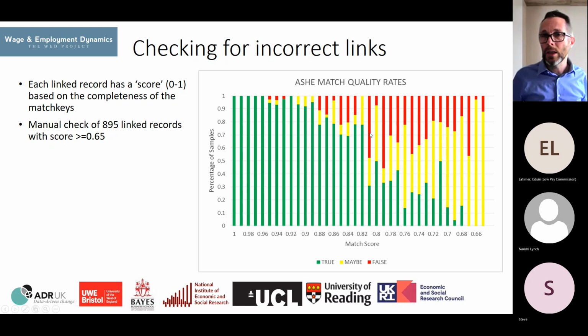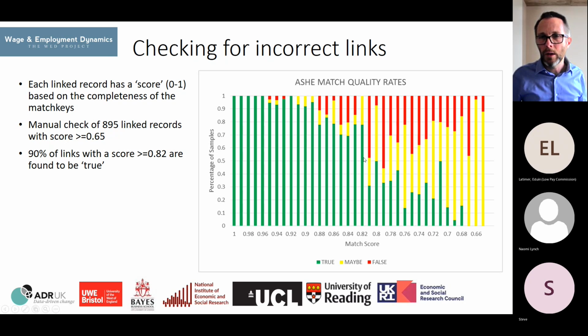So ONS eventually used this 0.82 score as a cutoff, because any record that has a deterministic linkage with a match score of 0.82, 90% of those records in the visual inspection turned out to look like true matches.